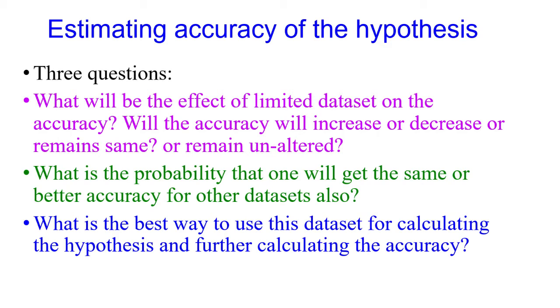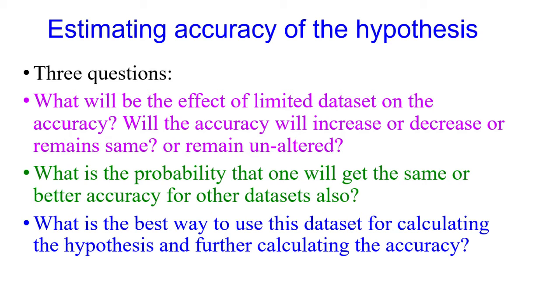It is necessary to know the accuracy of the hypothesis once we find out the final results in machine learning. We may want to know what is the value of accuracy for the given model.